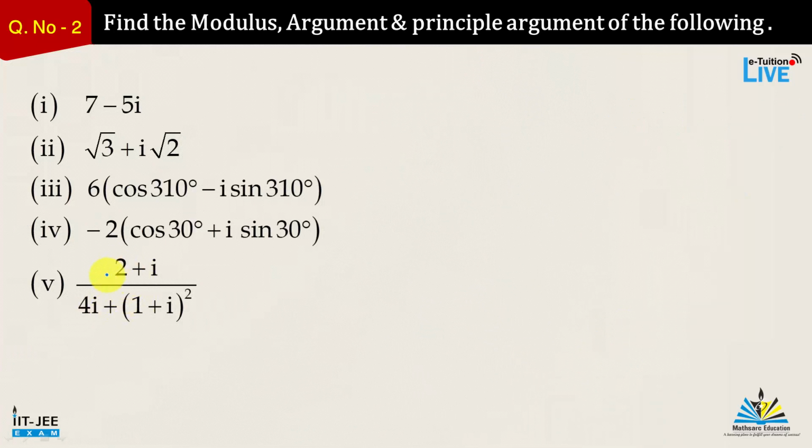Let's talk about this complex number, that is z is equal to 2 plus iota upon 4 iota plus, you can see this is i square, which is minus 1, plus 2 iota, so you will cancel this out. This is 2 plus iota upon 6 iota, so z is equal to 2 plus iota upon 6 iota.